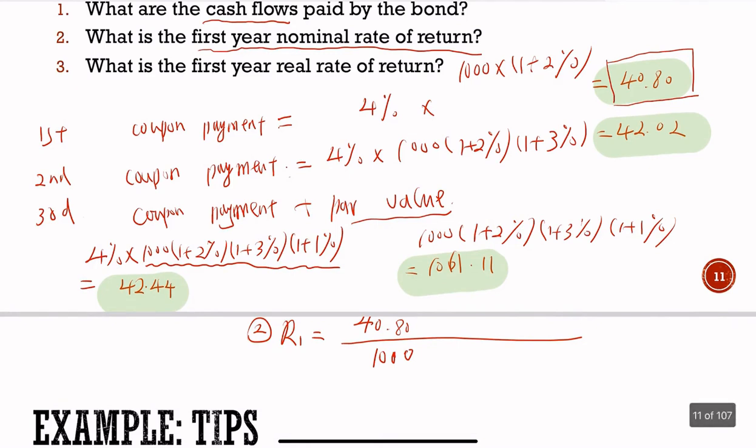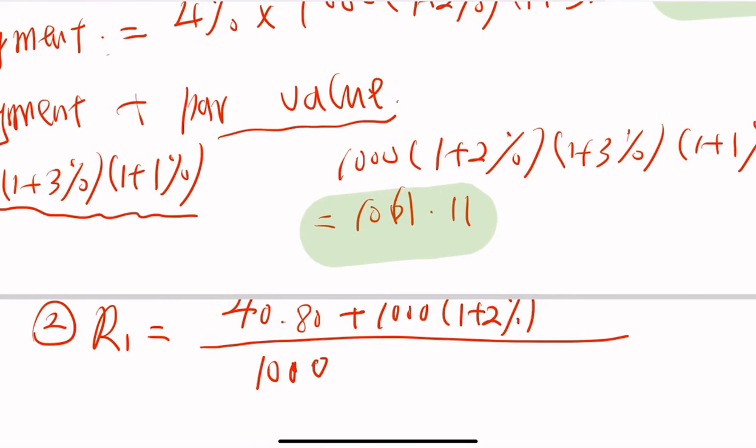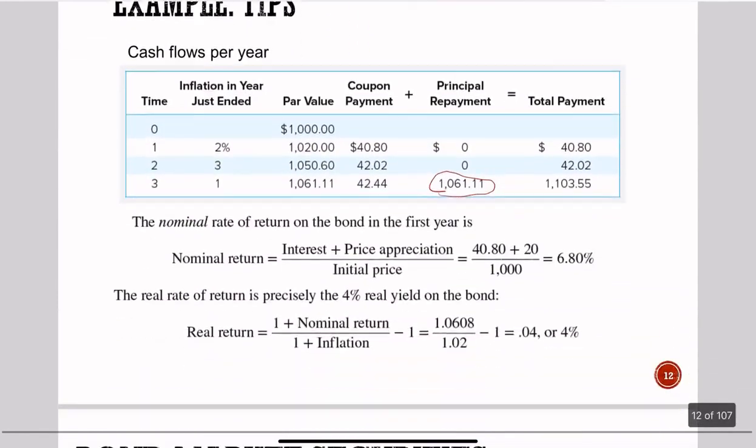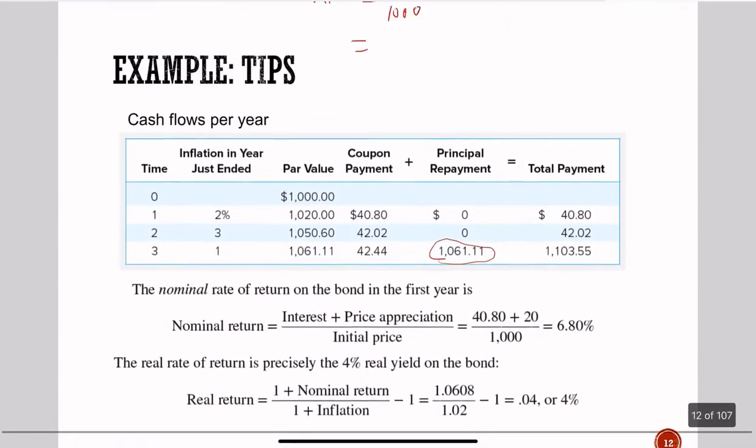So clearly, you have to consider this. So you have to consider the appreciation in the par value of your bond, right? Okay, that's great. Let's see what is the answer here.